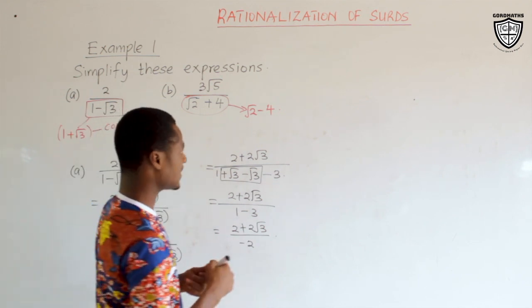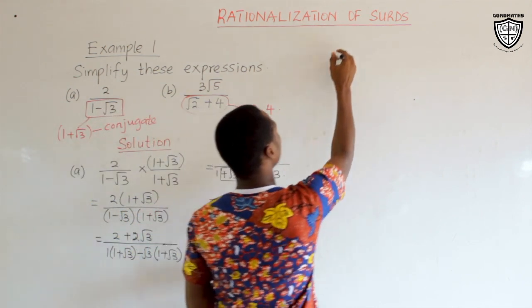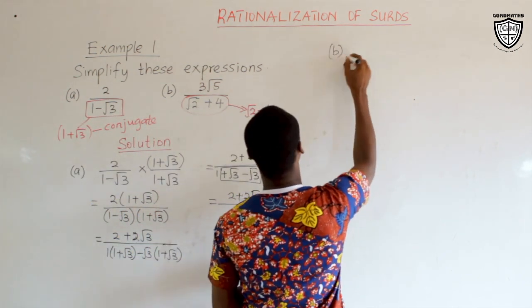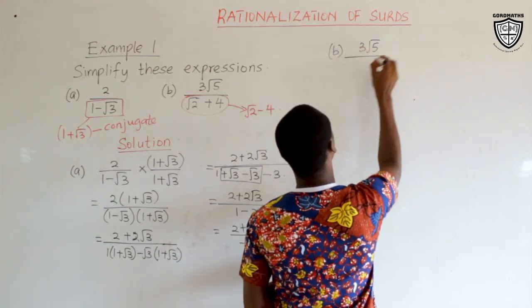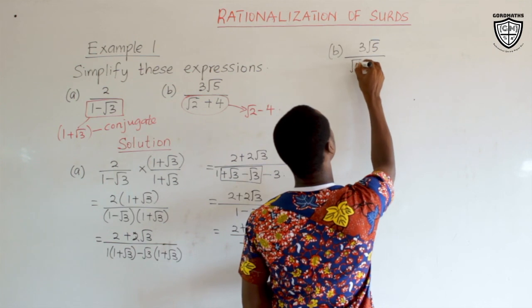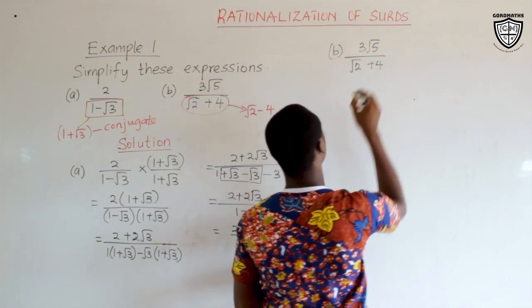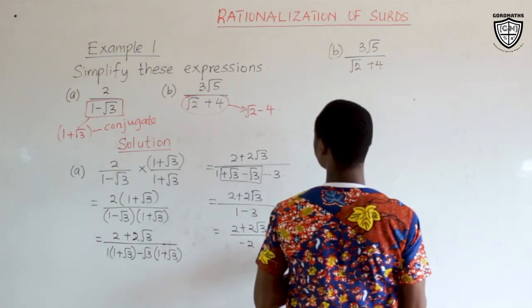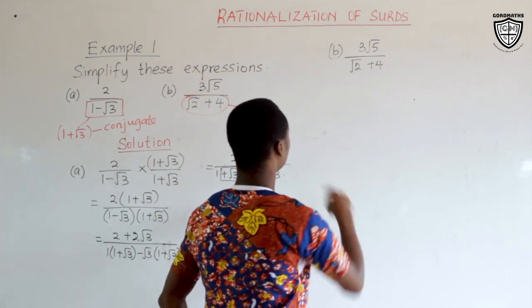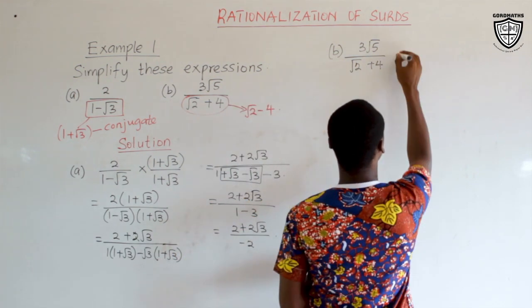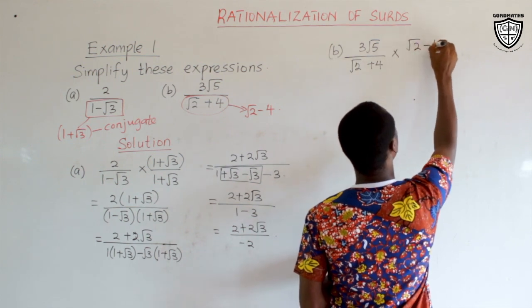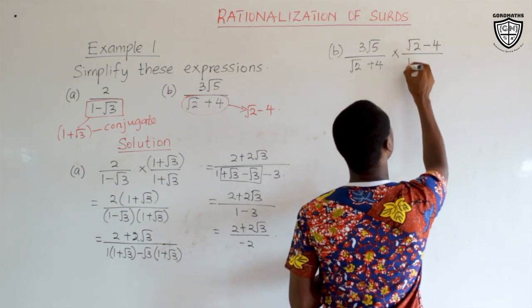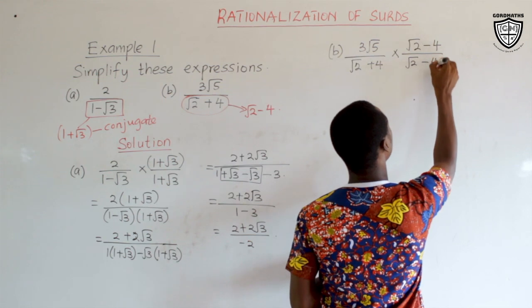Let's consider the second example. Example B. We have 3 root 5 over root 2 plus 4. We have already identified the conjugate for the denominator, and so we multiply by that conjugate, which is root 2 minus 4 divided by root 2 minus 4.